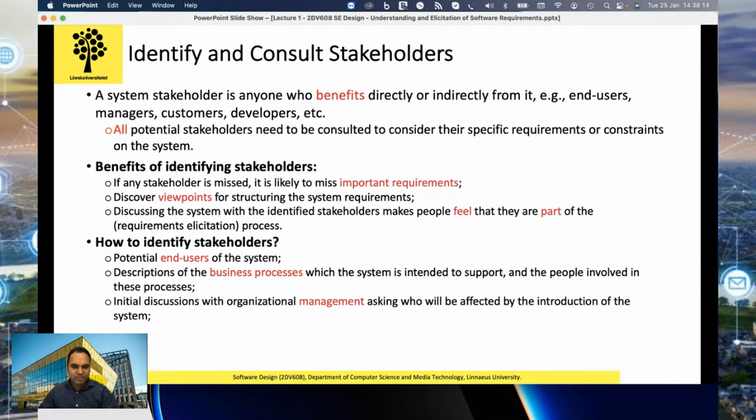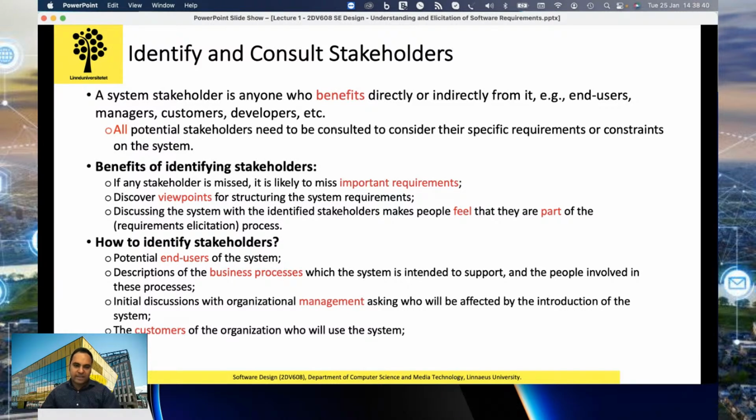And also the management people, they are part of the stakeholders, and the customers of the organization. So let's say Amazon has their website, Amazon has a business process, Amazon also has some management people who are managing Amazon, and as customers of Amazon, there are many people who are selling their products, right?